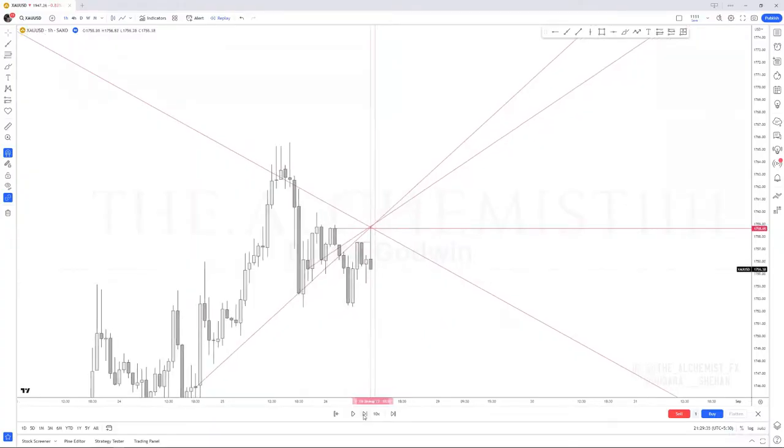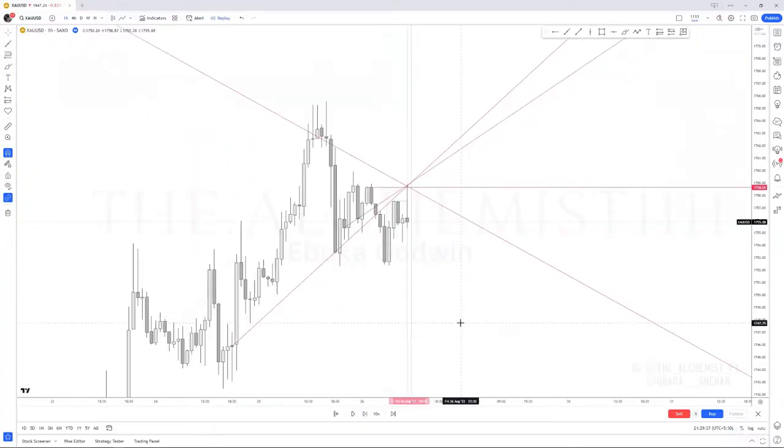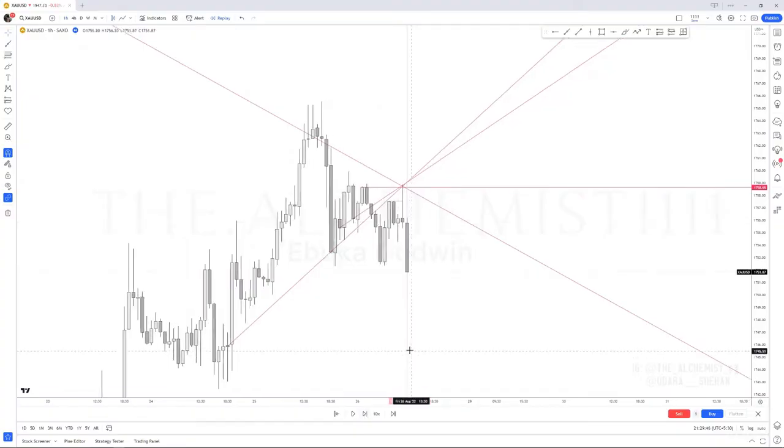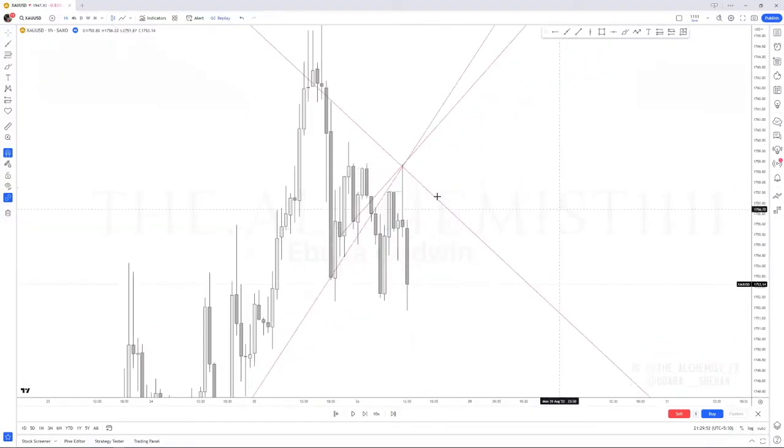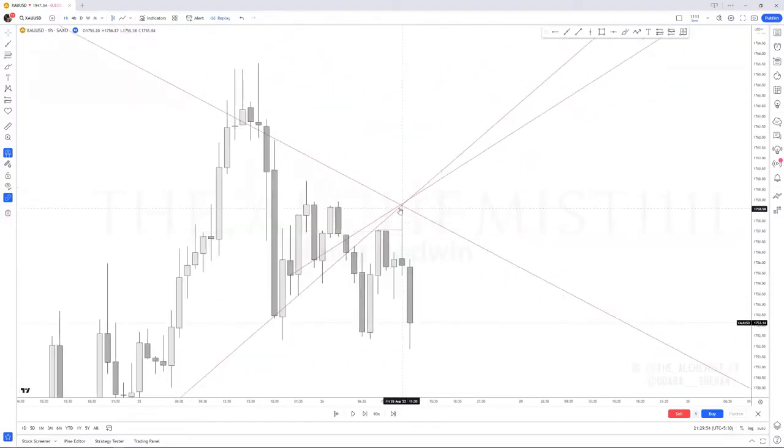Then what happens? Right at 11:30. See that? I can't make this up, right? You can see that very clearly. It taps right at London Kill Zone, 11:30 a.m. my time. Can you see the power of that trend line? We call this the EQ point in case you didn't know. When two trend lines overlap, we call it the EQ point.